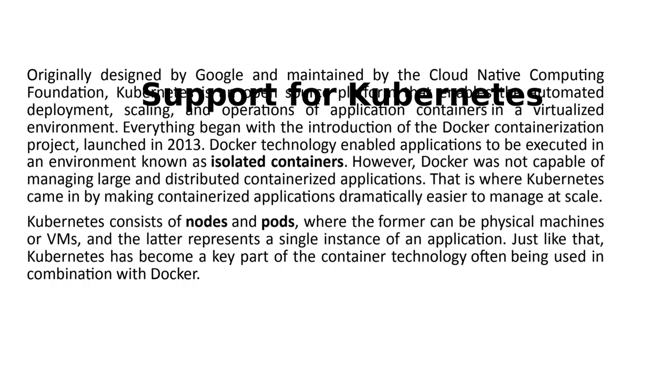Support for Kubernetes is especially for programmers and application developers. They need isolated containers in order to build and test their applications. So Windows Server 2019 provides this facility. It provides isolated containers, and they are called nodes and pods.